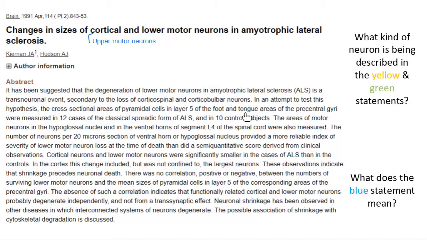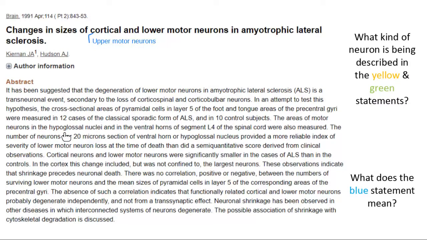What these scientists did is they took a little section of the cells that lived in the area that controlled the foot and in the area that controlled the tongue, and they looked at the size of those neurons that lived there in the pre-central gyrus, the ones that are supposed to control the foot and the tongue. Then they went down to something called the hypoglossal nucleus.